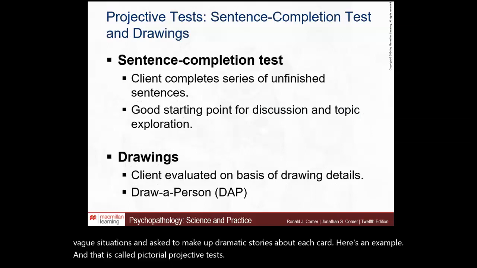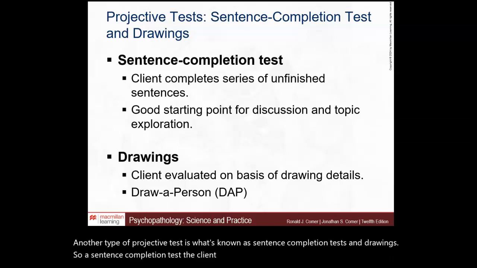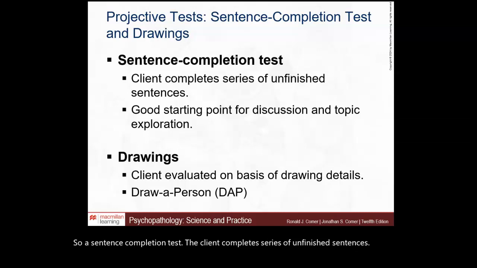Another type of projective test is what's known as sentence completion tests and drawings. So a sentence completion test, the client completes a series of unfinished sentences. In the drawings, a client is evaluated on the basis of their drawing details.